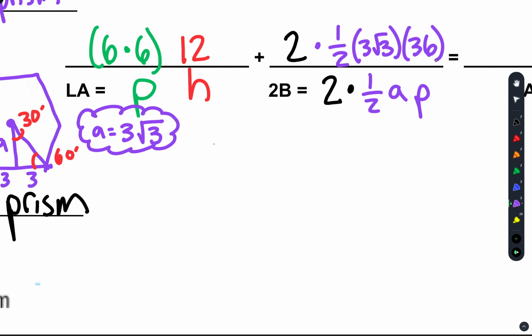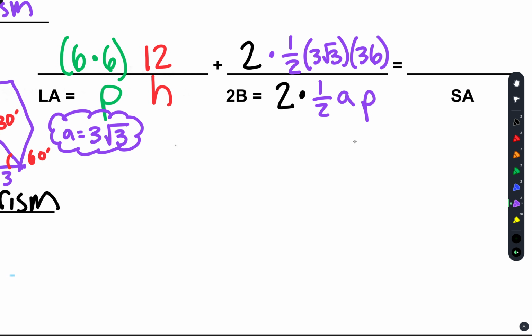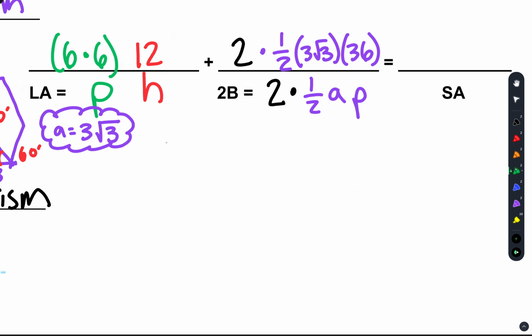Okay, so those 2 perimeters are the same. We can simplify down just a little bit. 36 times 12 plus the 2 and the 1/2 are going to cancel each other out. 3 times 36 is 108.